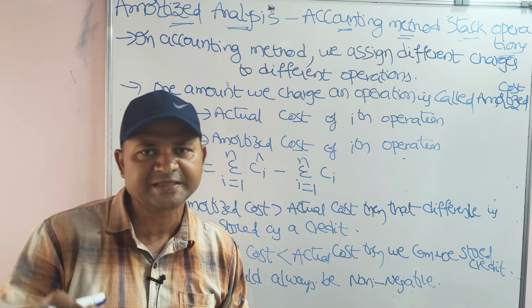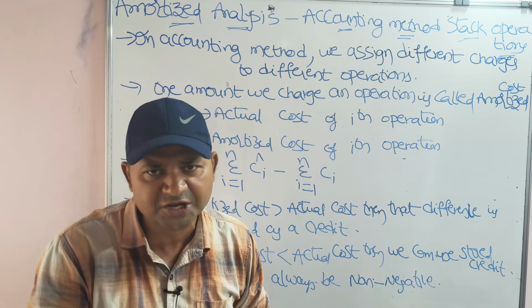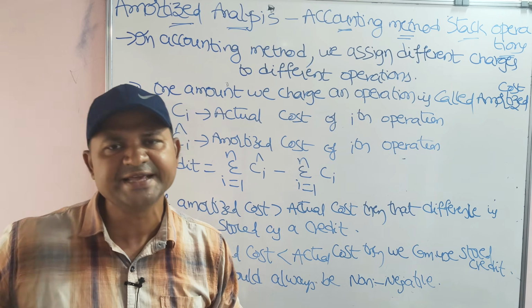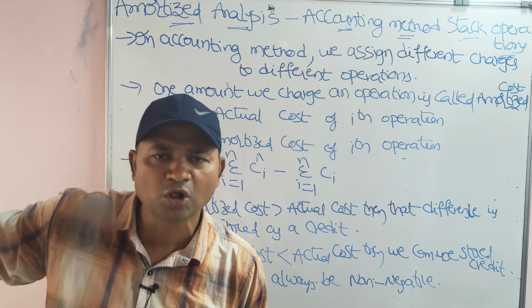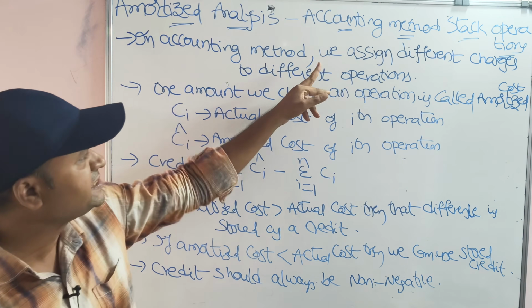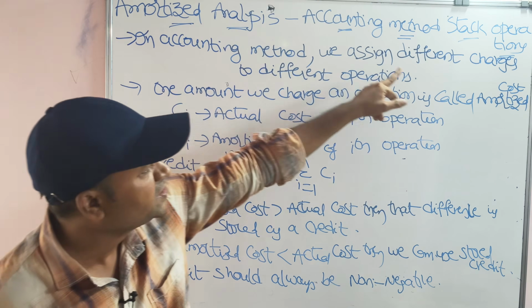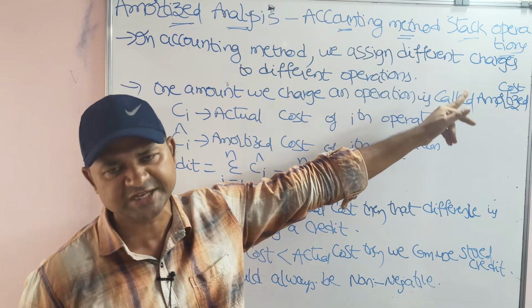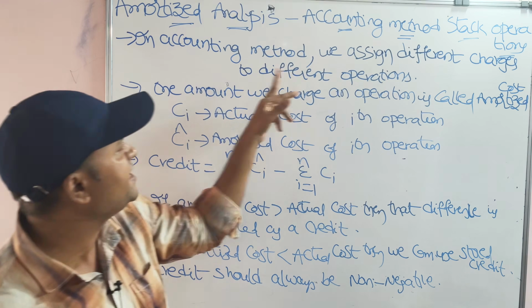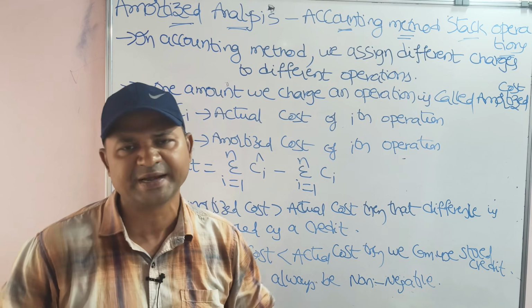In aggregate method, the formula for calculating amortized cost per operation is total cost of all the operations by number of operations. Whereas here in accounting method, we assign different charges. Charge is nothing but cost. We assign different cost to different operations.